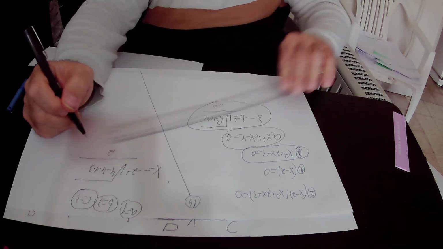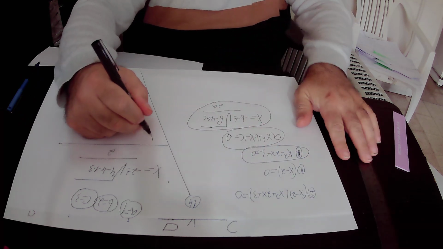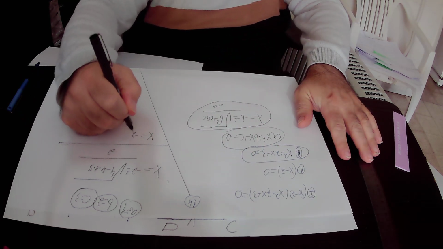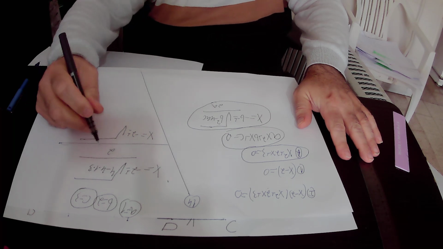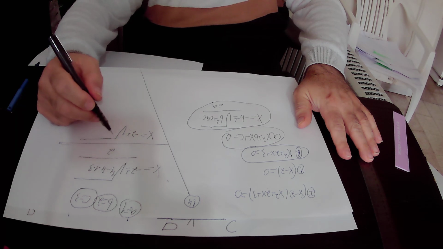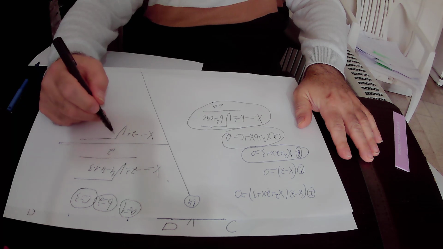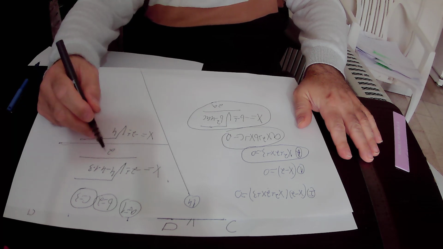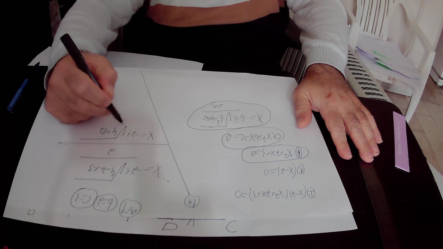So we found that x equals minus 2 plus minus the square root of 4 minus 4 times 1 times 3, which is minus 12, over 2.